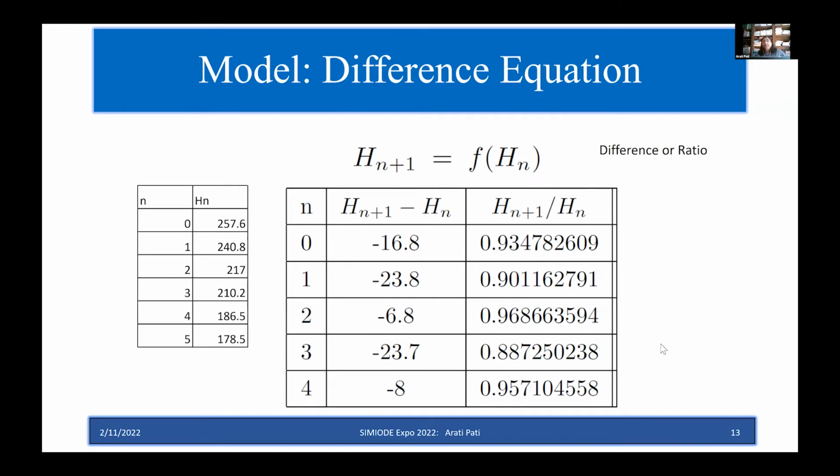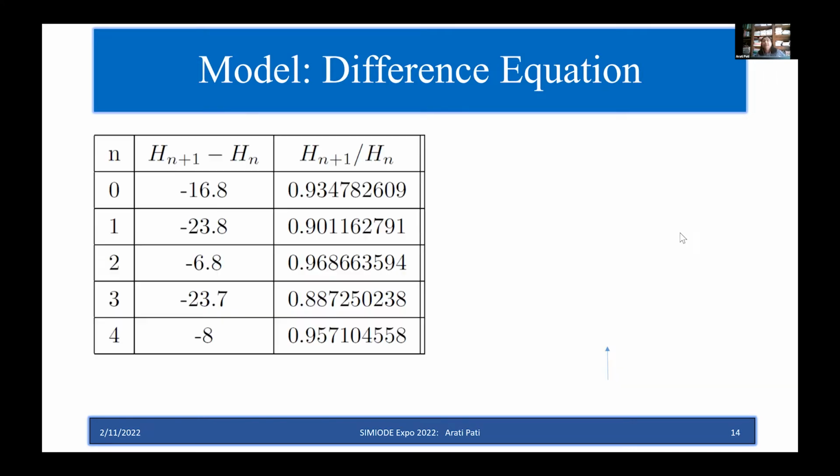Looking at these two things, I compare, and I see that for the difference, I do not see any pattern. However, if I look at the ratio, I find a very nice pattern, a nearly constant value like 0.9. Therefore, I can write my equation like this: Hn plus 1 divided by Hn is equal to some constant k, so Hn plus 1 equals k times Hn.